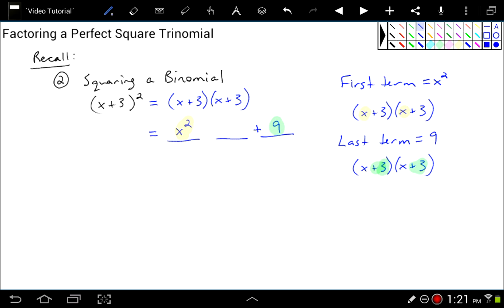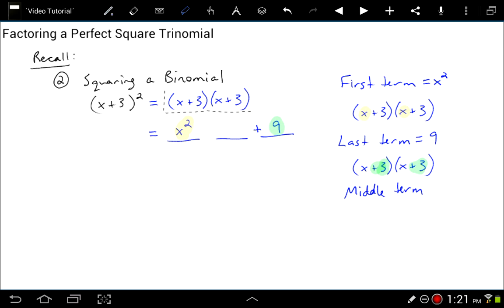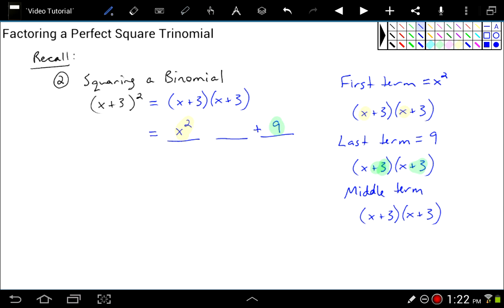Where does the middle term come from? And this is where people sometimes have trouble. The middle term comes from doing a combination of things: multiplying the x by the positive 3 to get a 3x, and multiplying this positive 3 by this x to get a positive 3x also, and those things are added together.